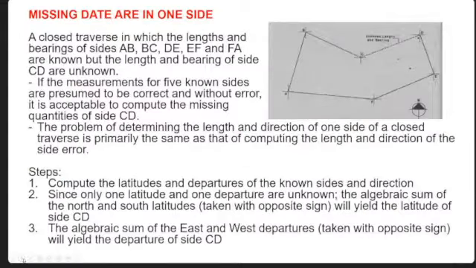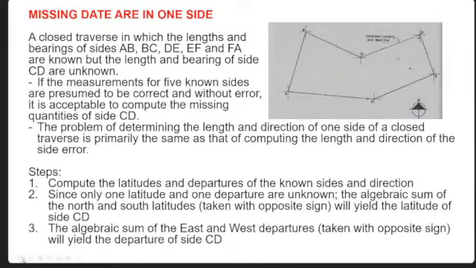For the first type, the missing data are on one side. So, one side, so this is the simplest and easiest type of omitted measurement. So, in the figure, we have tract or traverse A, B, C, D, E, F, A. And all the lines have their length and bearing, respectively, except for line CD with unknown length and unknown bearing.